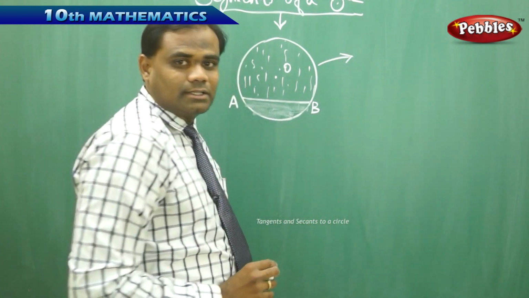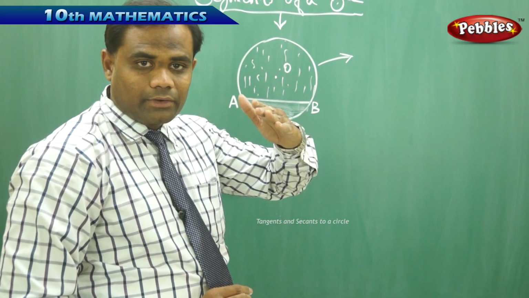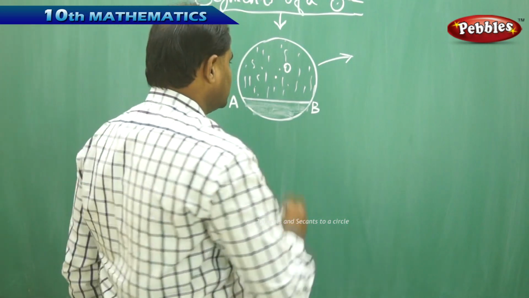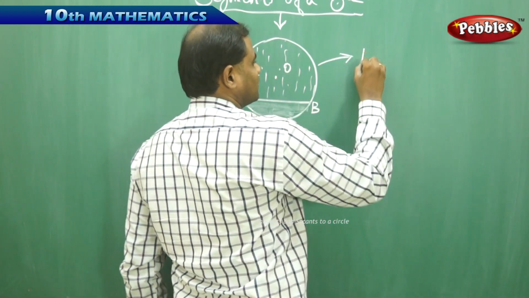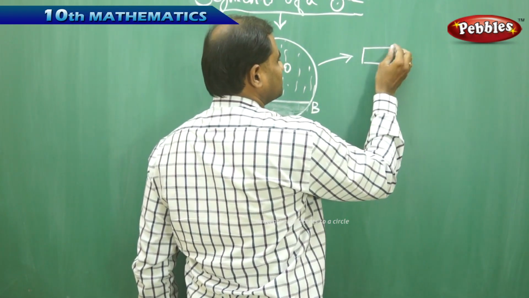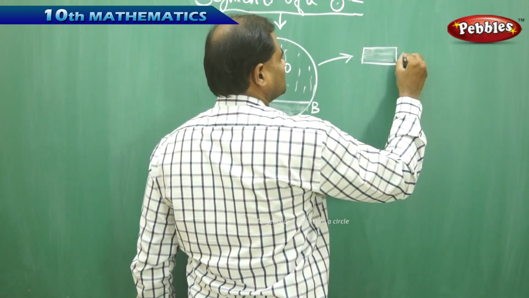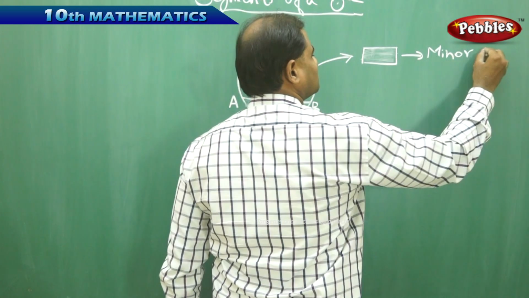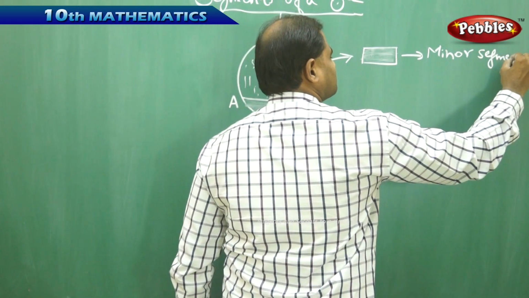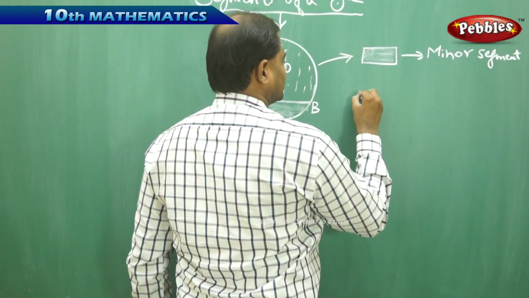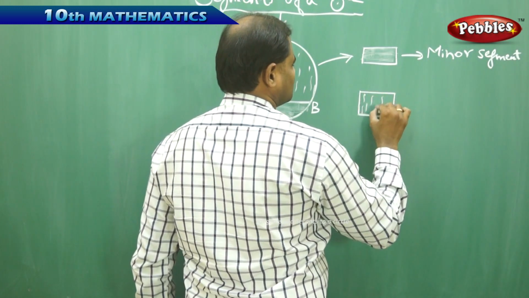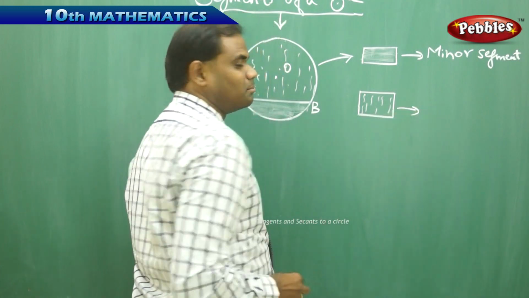So in this case, a segment is an area which is obtained when the chord divides the circle into two parts. Therefore, I get two parts, where one of the regions is given by this, which is called the minor segment, and this, which is called the major segment.